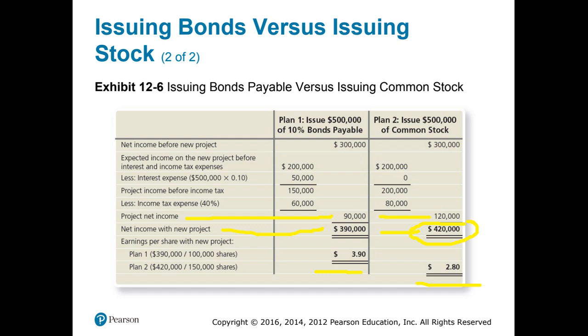Plan 1. Because the earnings per share means that for every one share, we're earning $3.90 versus $2.80. So the net income might be better over here, but the earnings per share is better here.